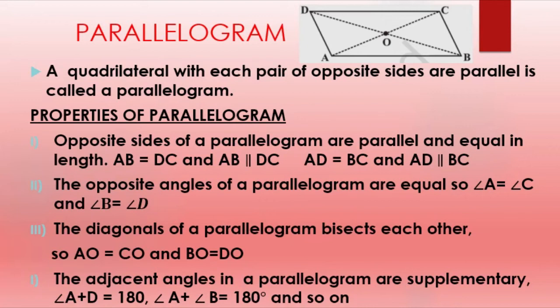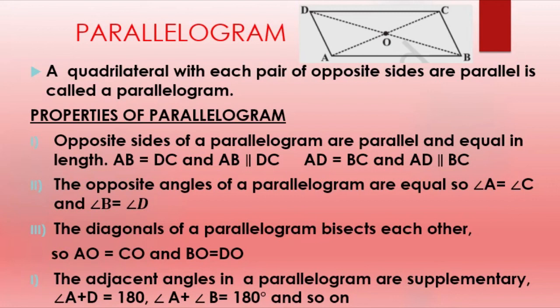Their sum will be angle A plus angle D equal to 180 degrees, angle A plus angle B equal to 180 degrees, angle B plus angle C equal to 180 degrees, and angle C plus angle D equal to 180 degrees. This property is important for solving the sums.